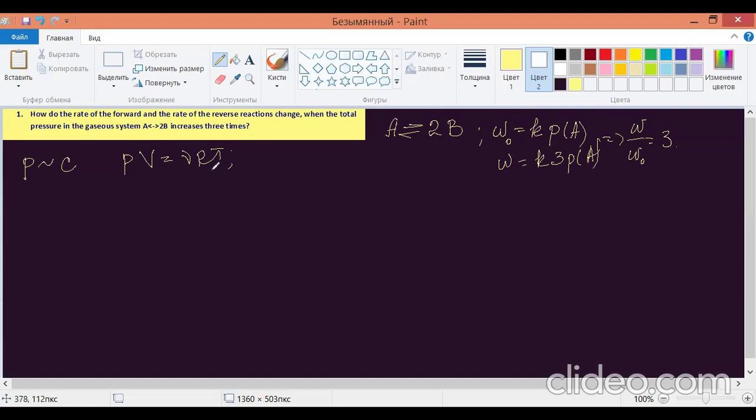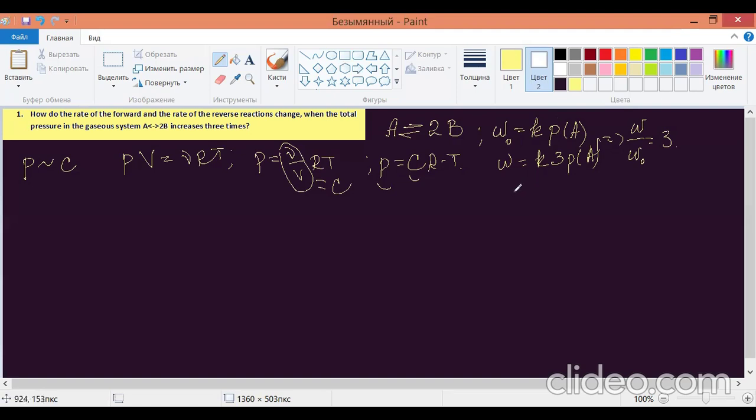If we divide both parts of this equation by V, we will get P equal to nu over V times R times T. And this is equal to concentration C. For that reason, we can write that P is equal to C times R times T. That's it. For that reason, I can see that P is proportional to C. The number of times P increases, the same number of times C increases. And if C increases, we can say that the velocity, the rate of reaction, increases as well.